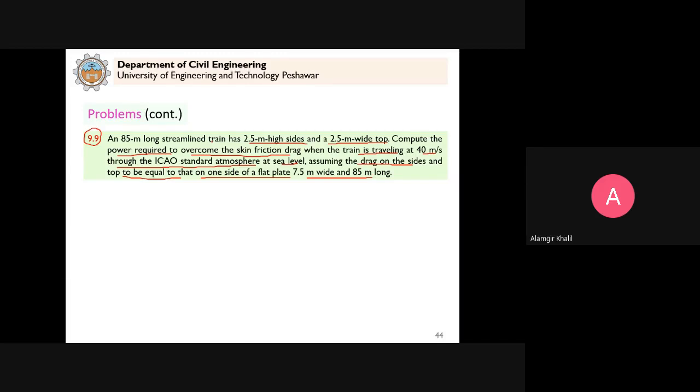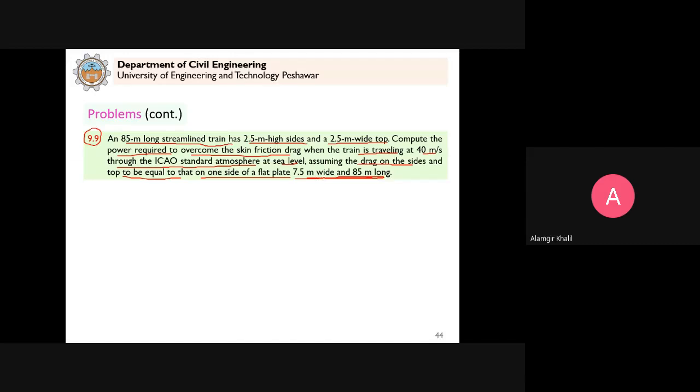Now, in order to calculate the drag force acting on the train, you consider the train to be equivalent to a flat plate. The drag force on one side of a flat plate that is 7.5 meter wide and 85 meter long will be the same as that acting on the 85 meter long streamlined train.